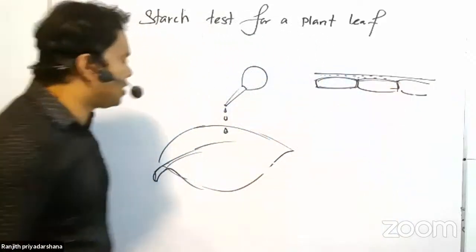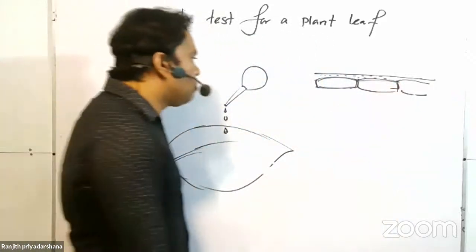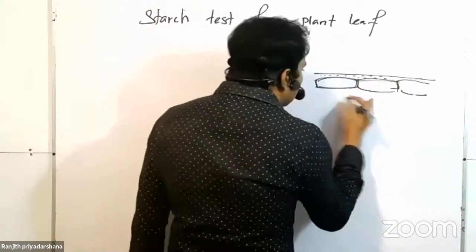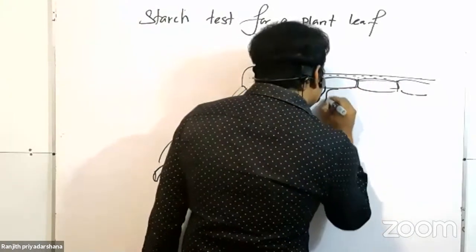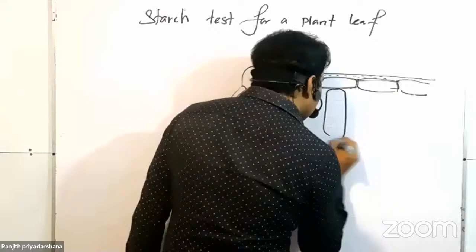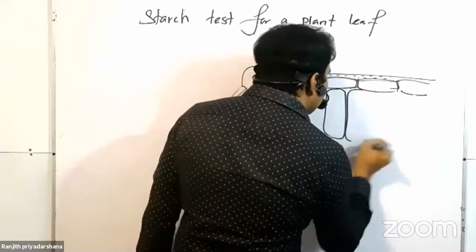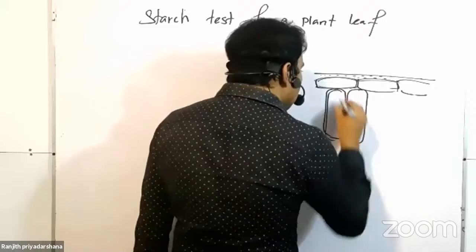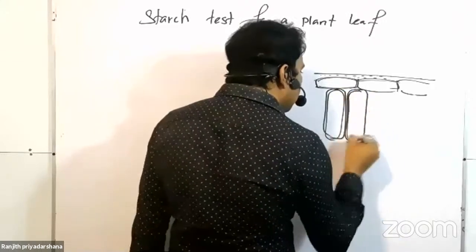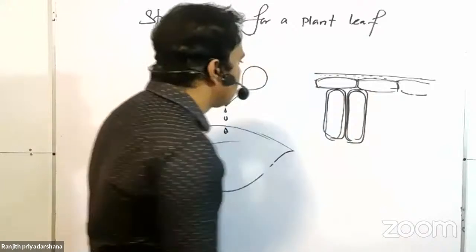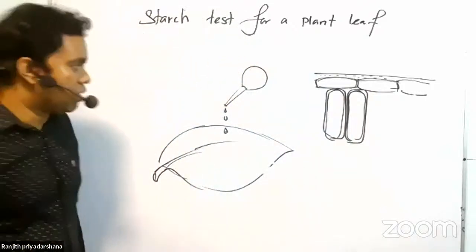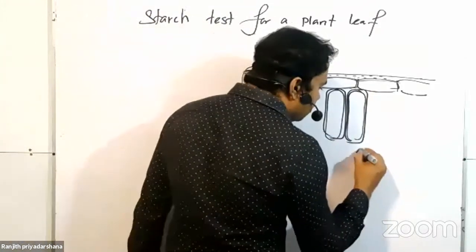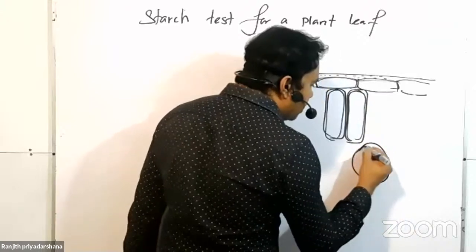For instance, temple tree leaves. So this is a palisade mesophyll cell. Okay, imagine that. Or here, spongy mesophyll cells exist.